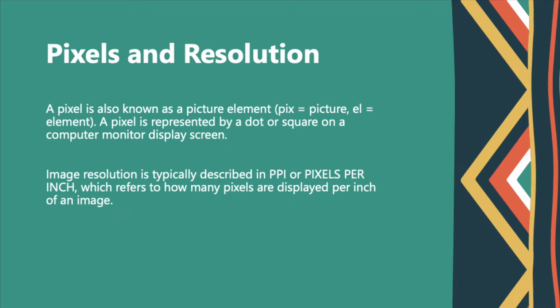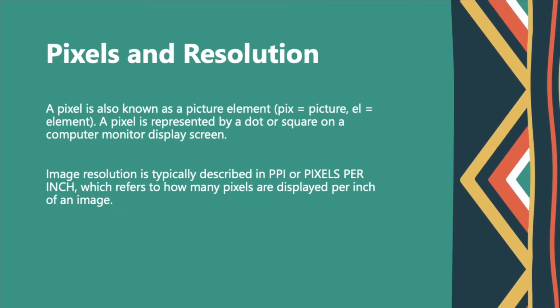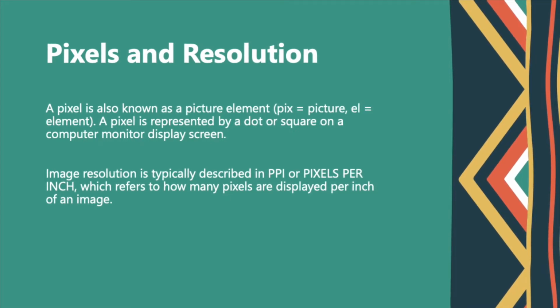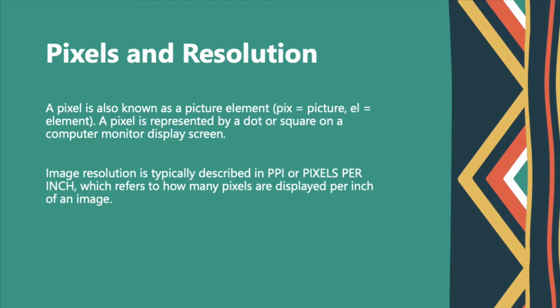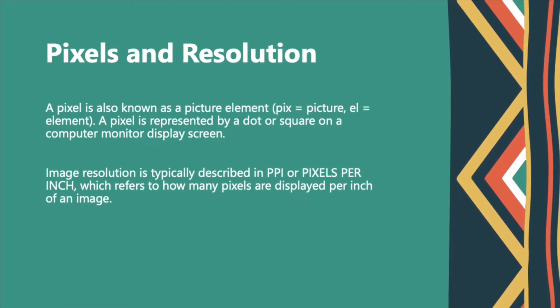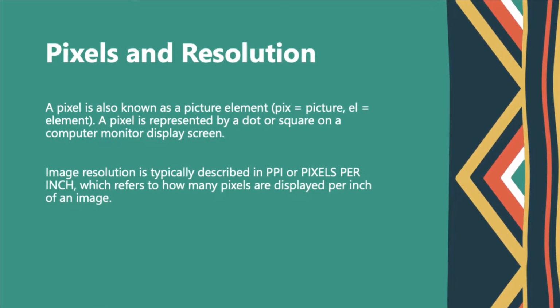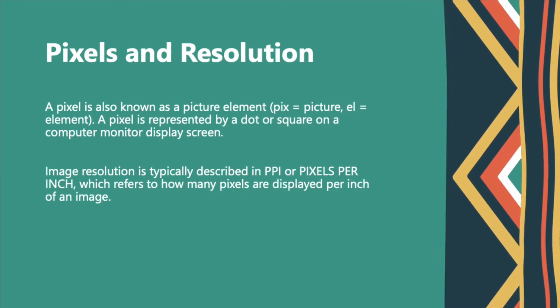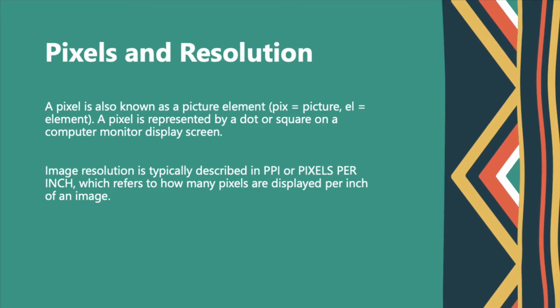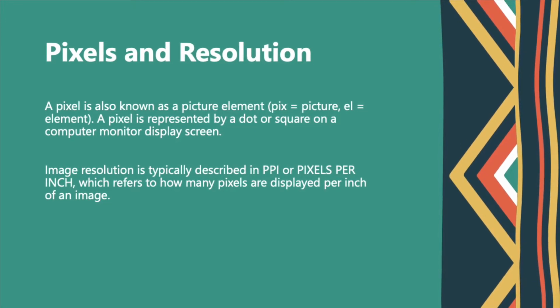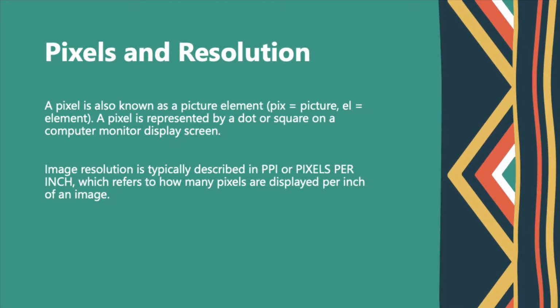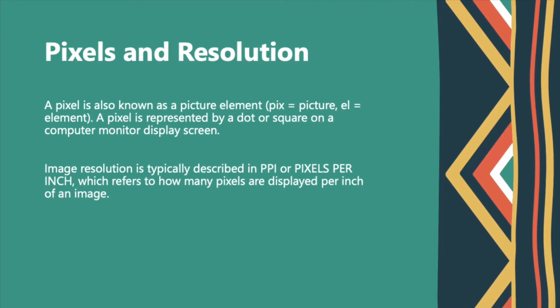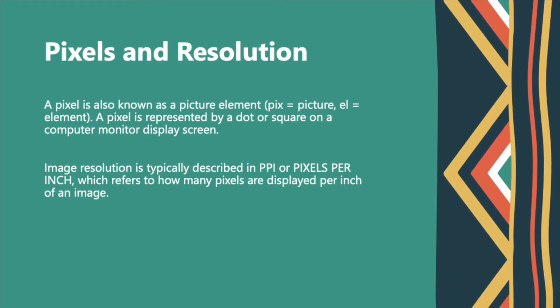So every image that you see on your computer or on your cell phones is made up of dots, and these dots are called pixels. Pixel is also known as a picture element. So this is where the word pixel came from: pix from picture and el from element.